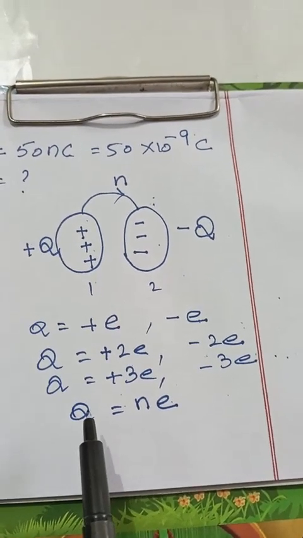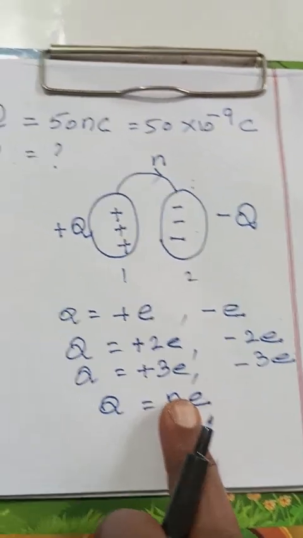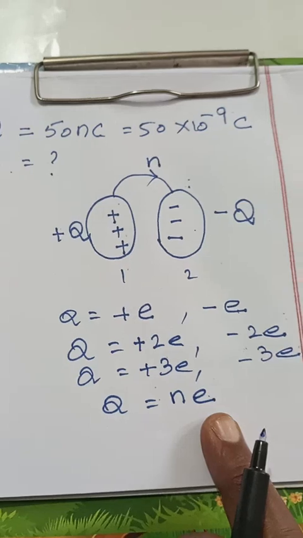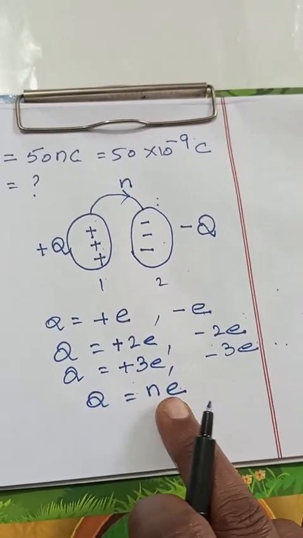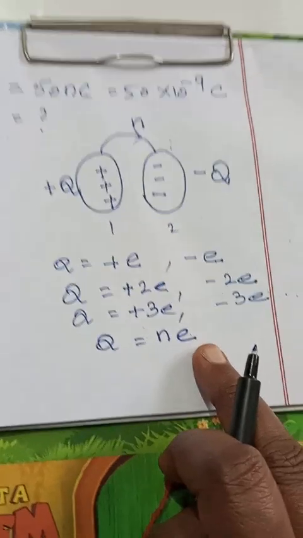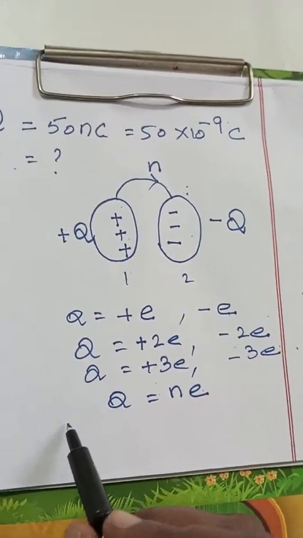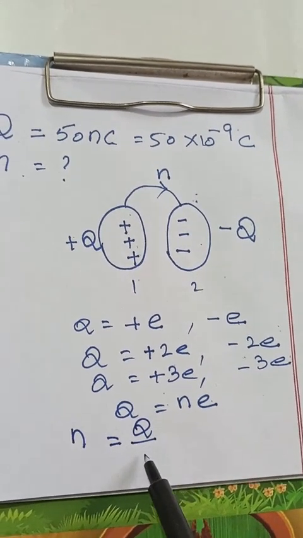That is, the charge of any charged object in this universe is an integral multiple of the charge of an electron. It means 1 times e, 2 times e, 3 times e, like that only it can be. Now from this relation you can derive the expression for n as Q by e.